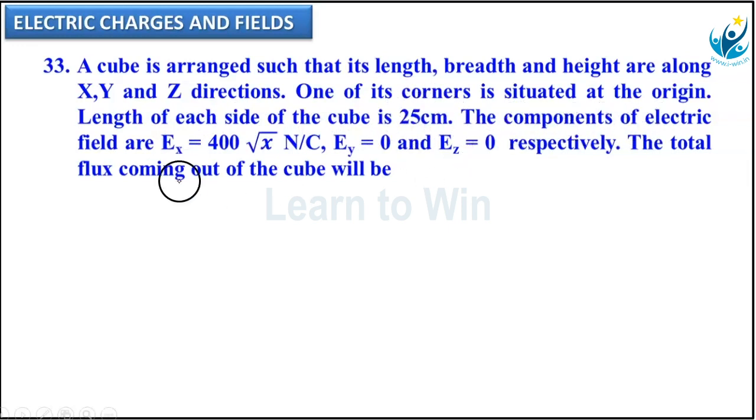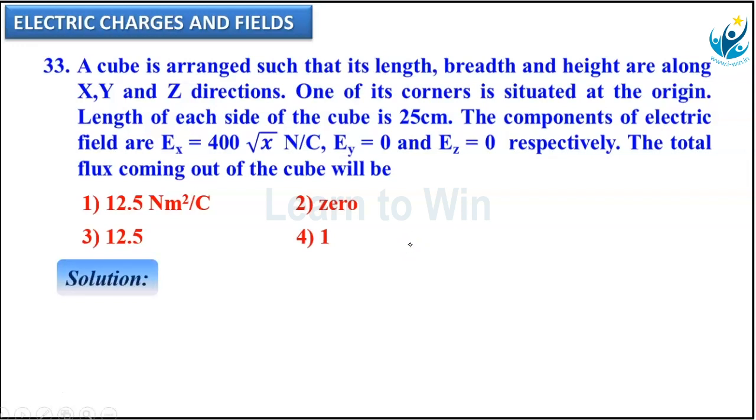The components of the electric field are Ex equal to 400 root x Newton per Coulomb and Ey and Ez are 0. That means there is no electric field along the y and z directions. The total flux coming out of the cube will be. This is the question. The options are 12.5 Newton meter square per Coulomb, 0, 12.5, 1.